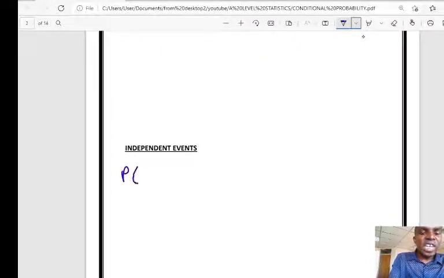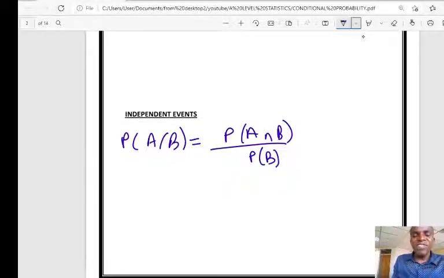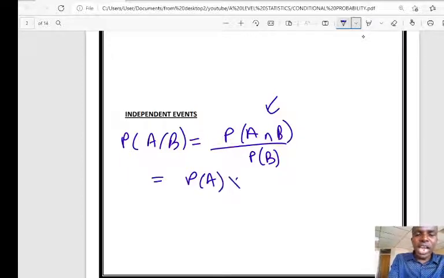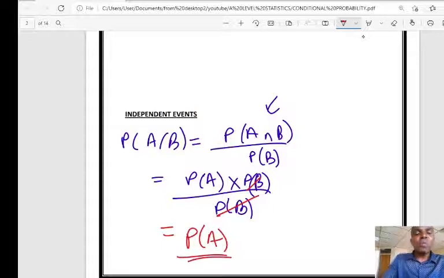So the probability of A given B based on independent events is equal to the probability of A intersection B over the probability of B. But since these events do not affect each other, you can break down the intersection: it will be the probability of A times the probability of B over the probability of B. We can cancel out the probability of B, and it will be equal to the probability of A. So the probability of A given B is equal to the probability of A, given that the two events are independent.